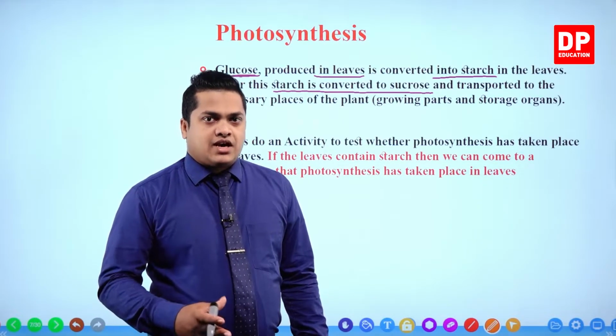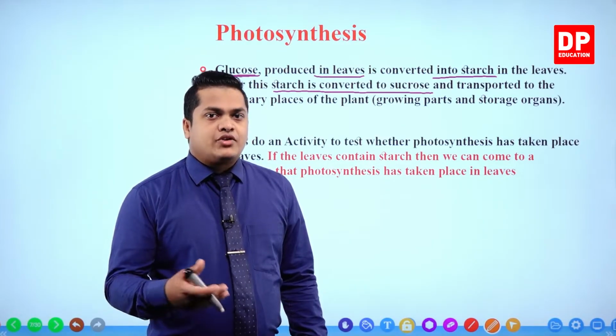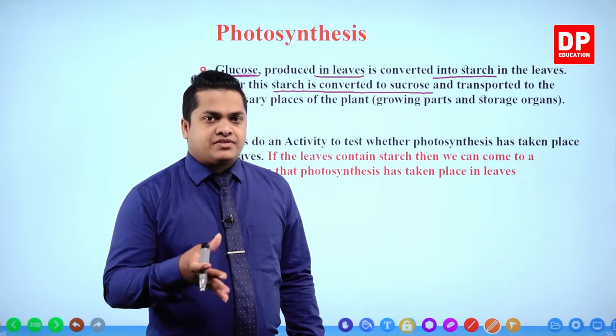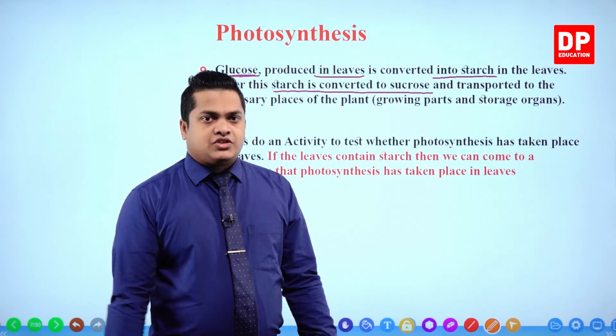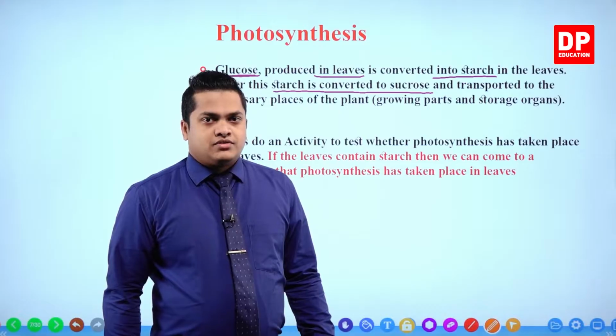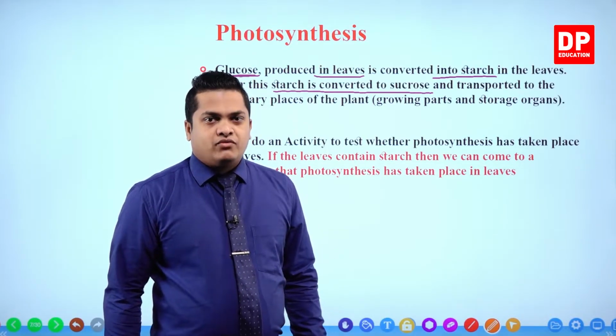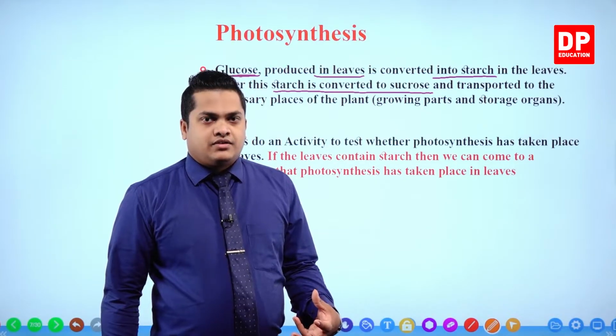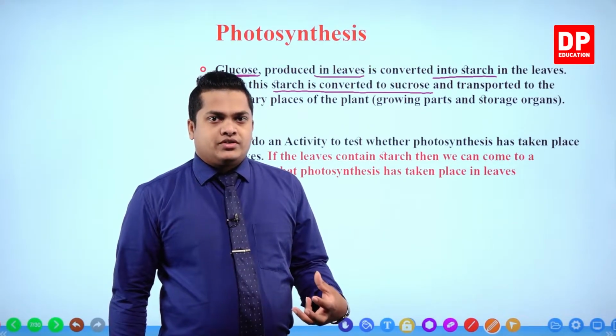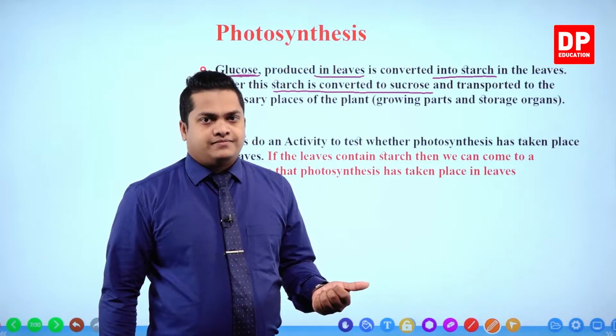Starch is a carbohydrate, so it is difficult to transport. The transportation process occurs mainly by converting the starch into sucrose. Sucrose readily dissolves in water. You know that sucrose means sugar, so it dissolves readily in water.